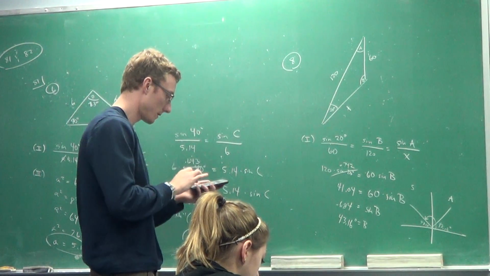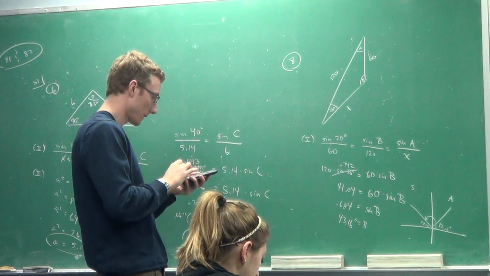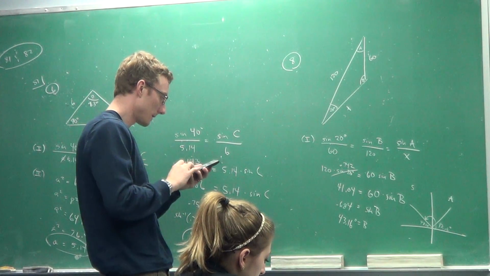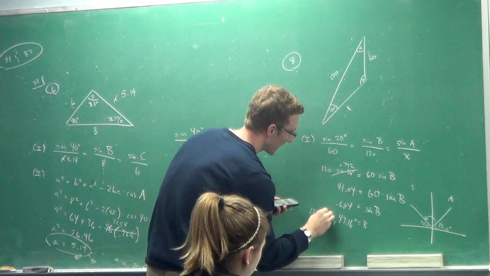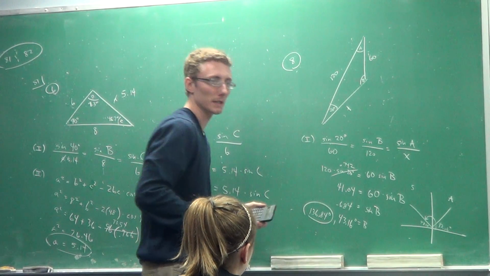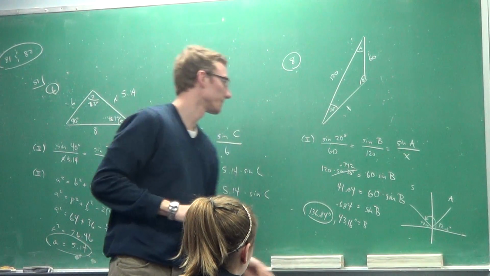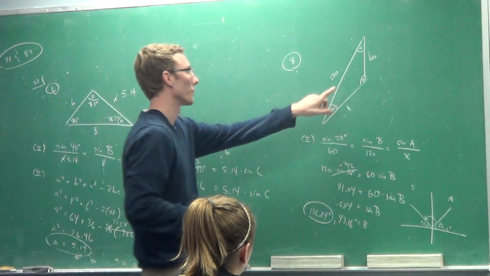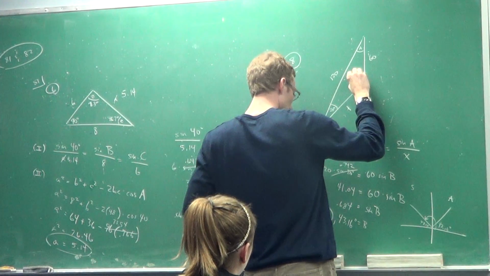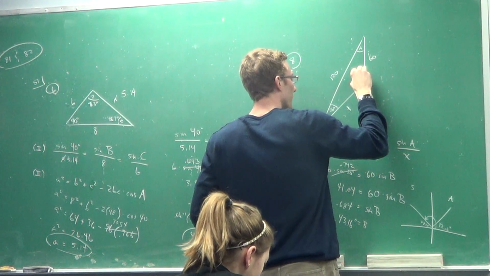Take 180 minus 43.16, and you will get 136.84. That's the one we need. The 43 degree angle is not going to work for B, but the 136.84 degree angle is.